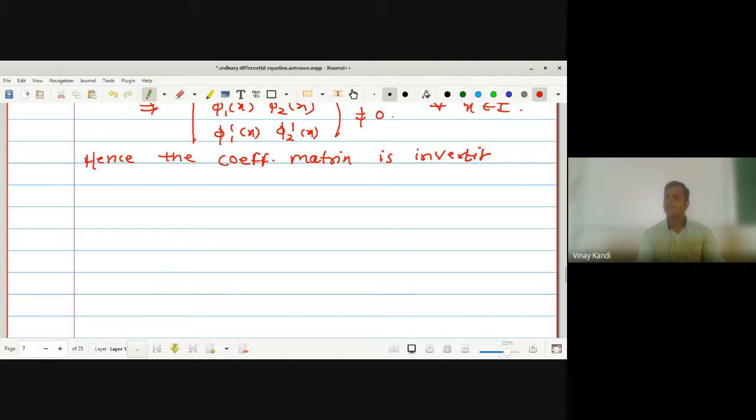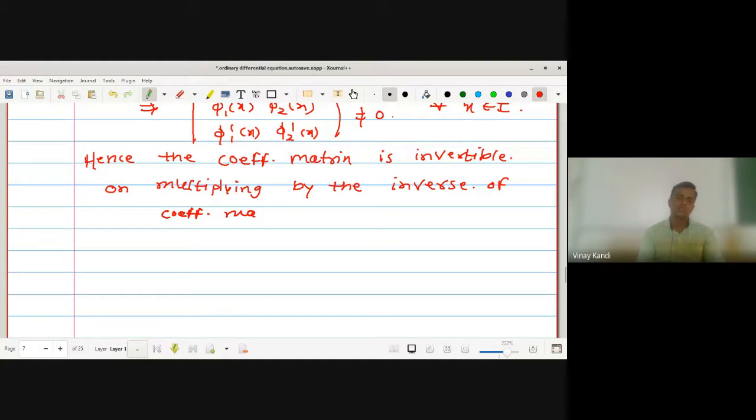Okay, on multiplying by the inverse of the coefficient matrix, what we get?